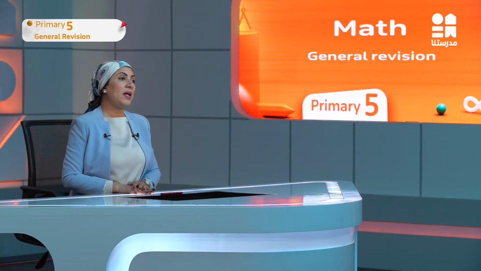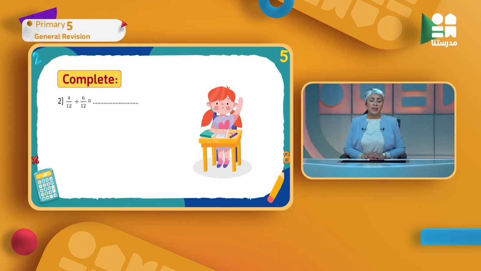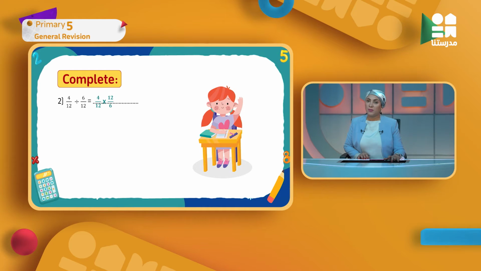Then we go to the second fraction, which says flip me or put me upside down. That means please make my denominator the numerator and my numerator the denominator. I flip the fraction. Okay? So here I will follow the steps.